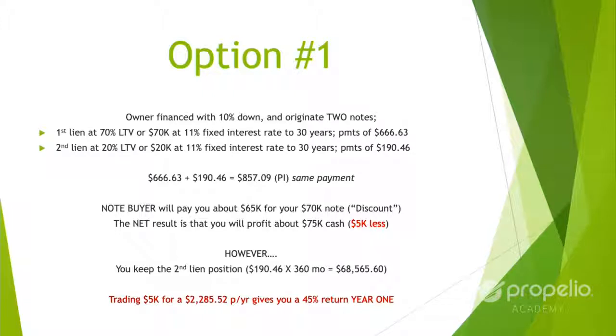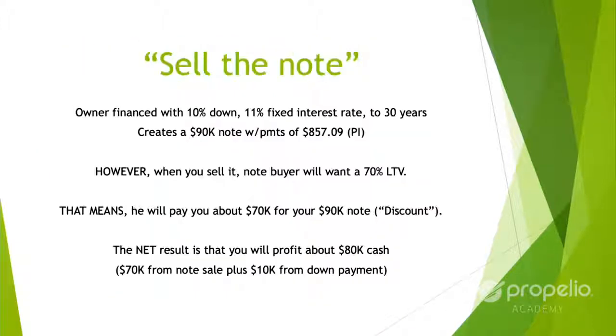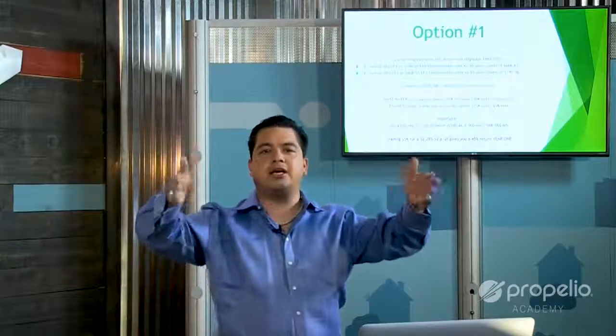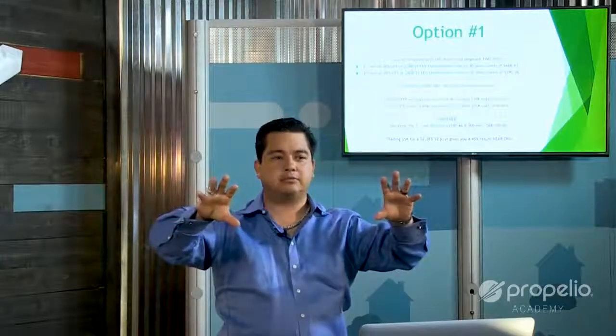This is the exact same payment that you had with the first transaction where you simply sold the note. So understand that. $857.09. That hasn't changed. That's important. All you're doing here is breaking it up into two blocks.